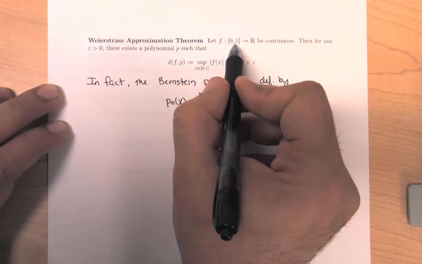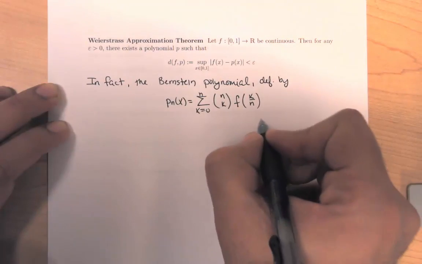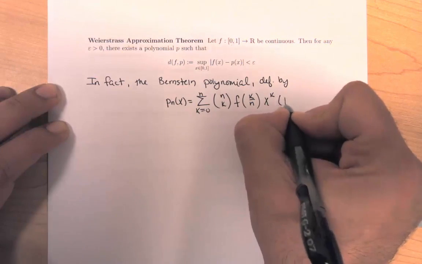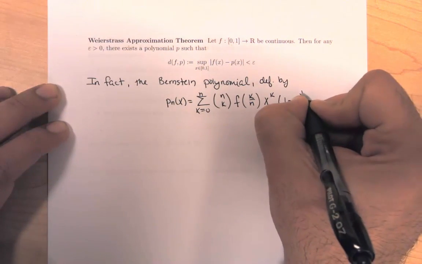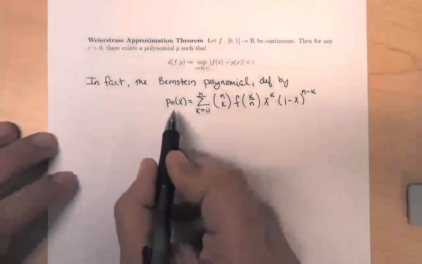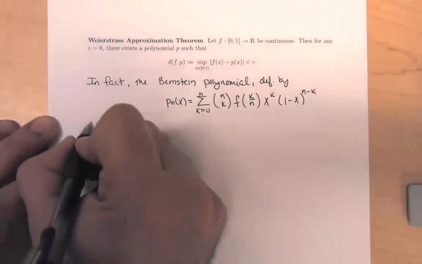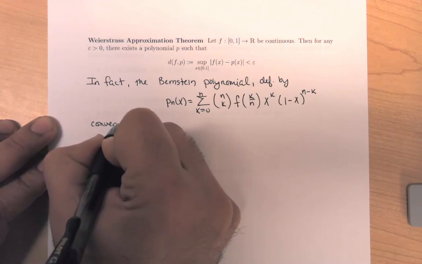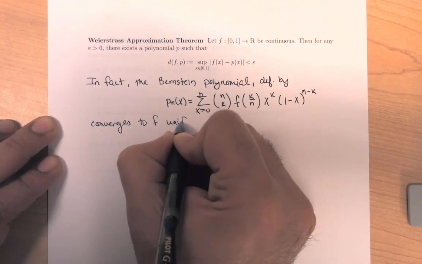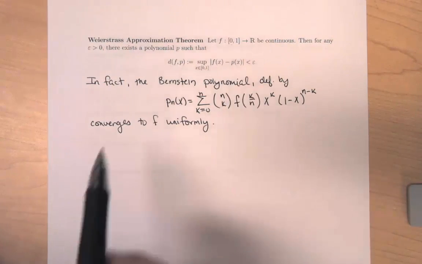Since I'm dealing with the interval 0 to 1, this is essentially an even partitioning. Times x to the k times 1 minus x to the n minus k. So this Bernstein polynomial, which of course uses f as part of its input, converges to f uniformly, which is how we get this result.